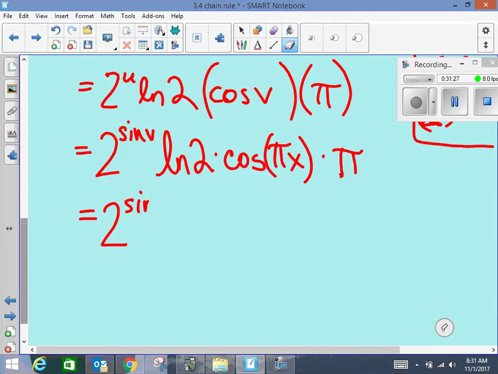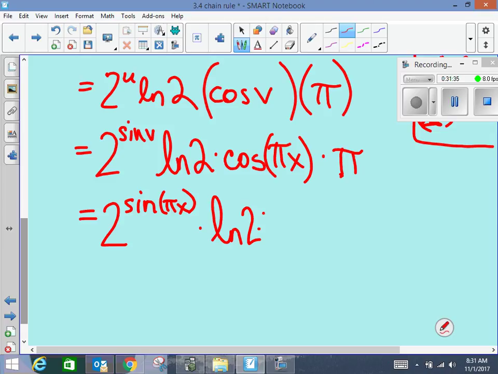Yes, okay, sine of pi x. ln of 2 is just a constant hanging out. Pi, that's why I was going to put pi first. So I have to put 3 dots. Okay, and cosine of pi x.